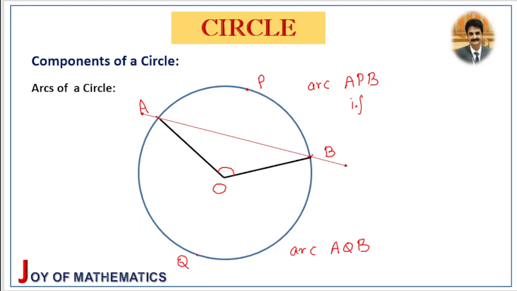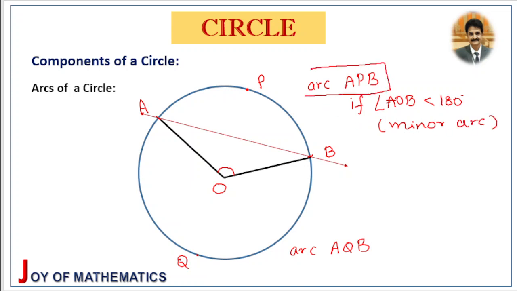If angle AOB is less than 180 degrees, then this arc is said to be a minor arc. That means here arc APB is a minor arc. Is it clear? We can't simply say the smaller arc or the bigger arc, so we need to define it as a minor arc.